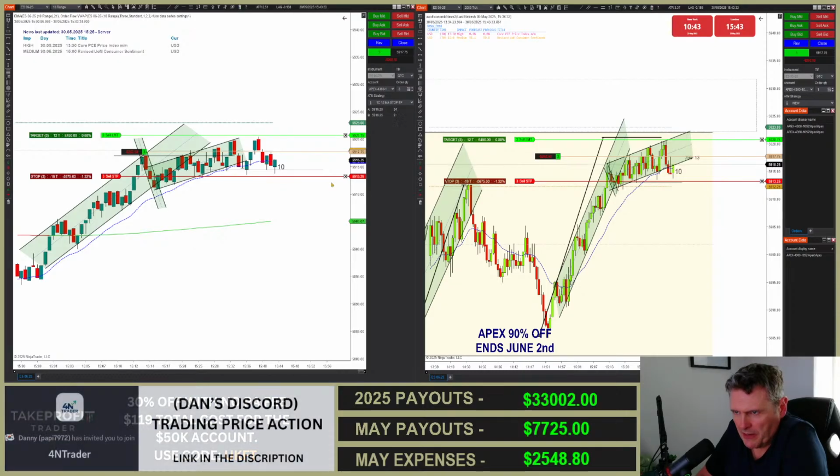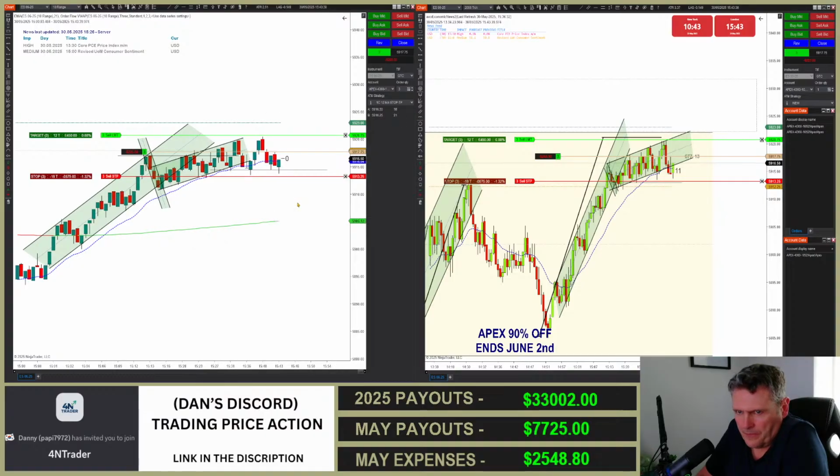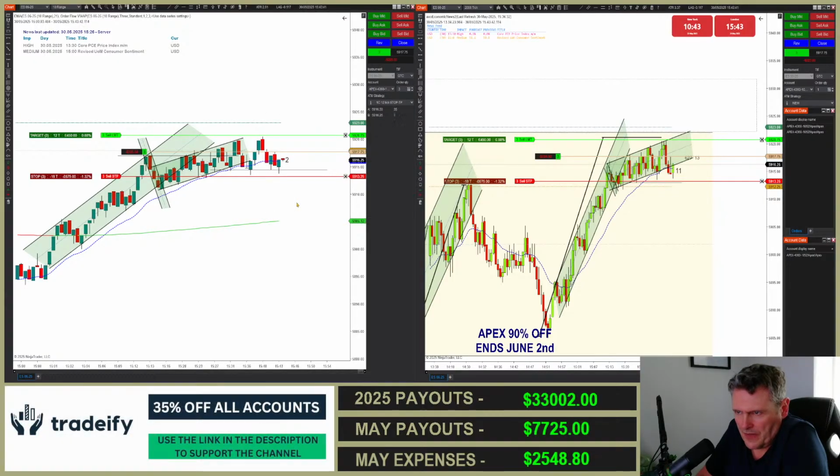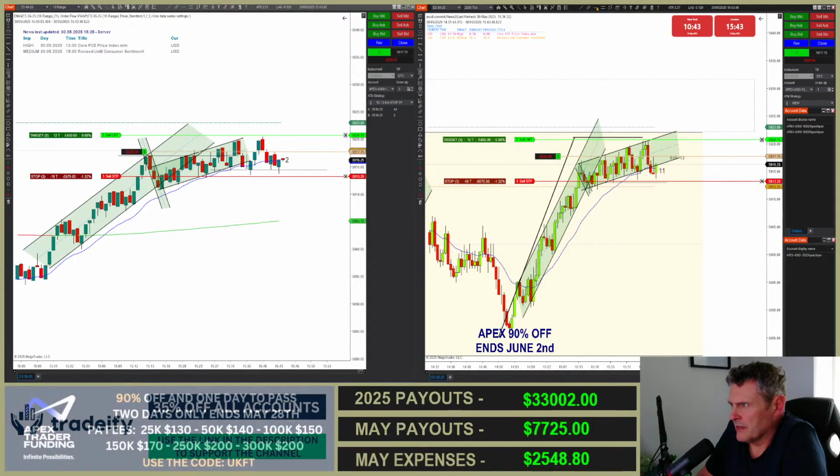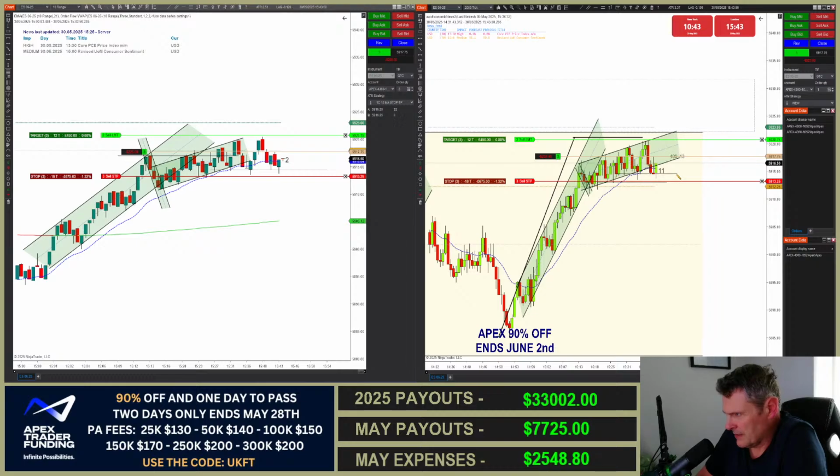If this ticks above it, I think that's good to go then. Yeah, okay, so second entry long. So 1, 2, 3 triple test. What does it look like on here? Yeah, I think that's okay. We'll see.